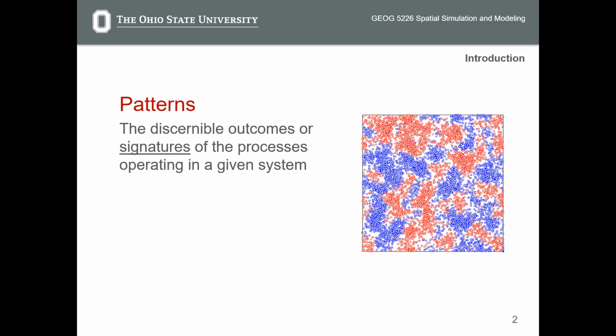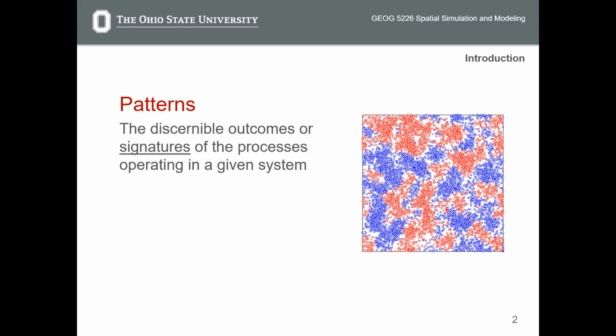And when you're looking at it, you can tell that there is some kind of pattern here because obviously these dots with different colors, they are not mixing, or to be more accurate, they don't look like randomly mixed in this space. There are clusters of blue dots and there are clusters of red dots, right?